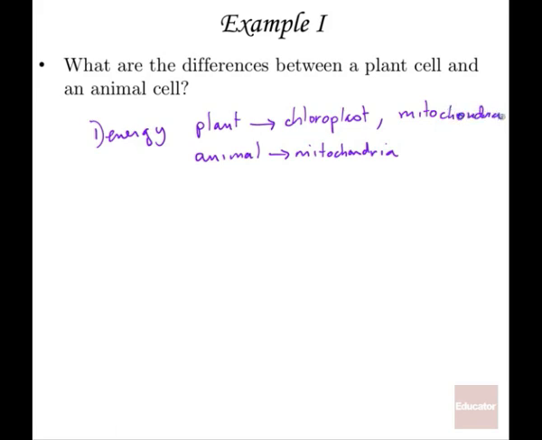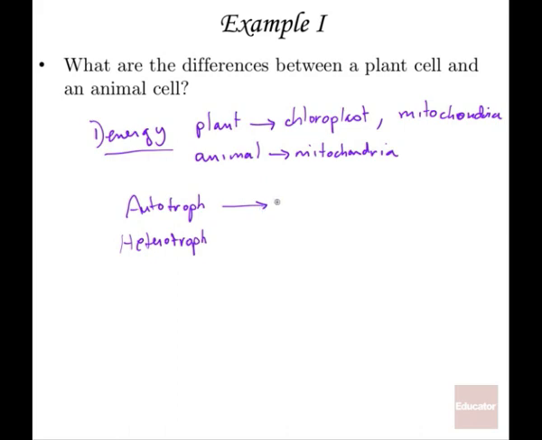But more importantly is this concept of autotroph and heterotroph. So the plants have the capacity to produce their own energy. They don't need to consume other organisms to get enough energy to survive.